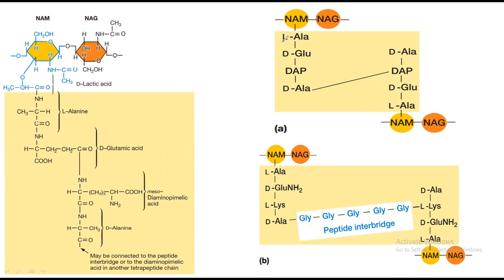And after that, just look here. This is a single subunit, and it is bound to another subunit by this action. Just look here, this is present in this direction, and after that, the D-alanine of the first unit of the peptidoglycan is bonded to the L-lysine of the second subunit.